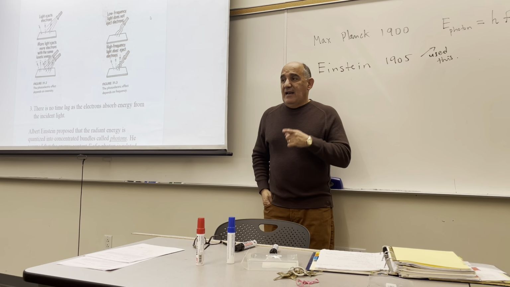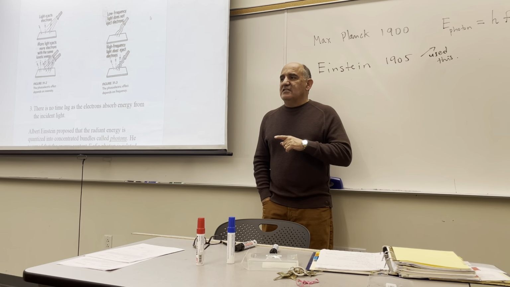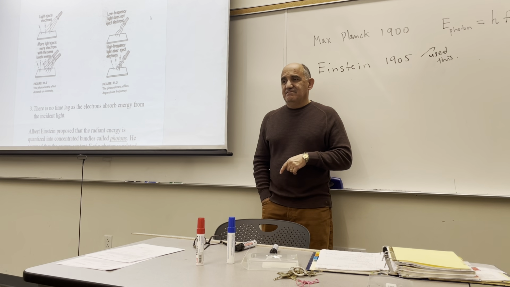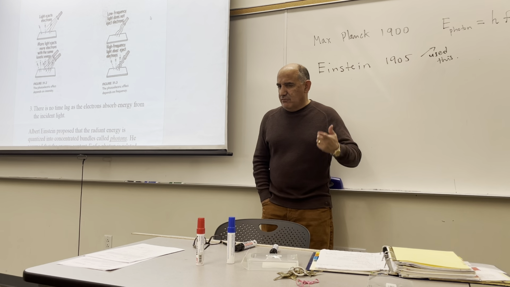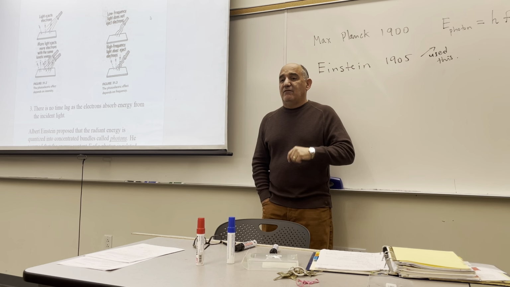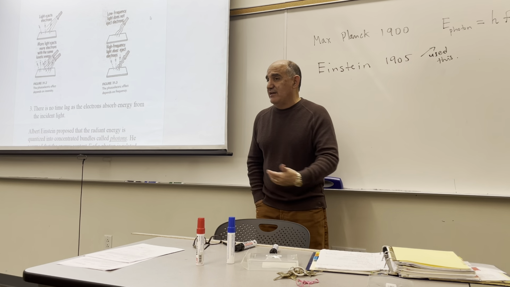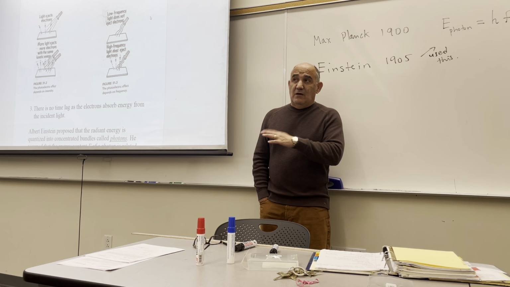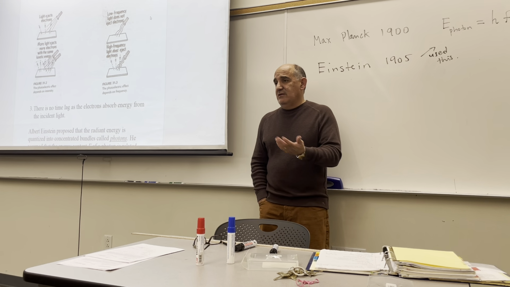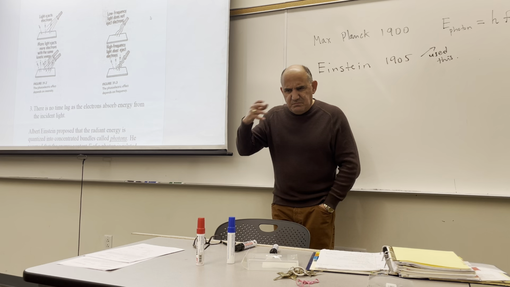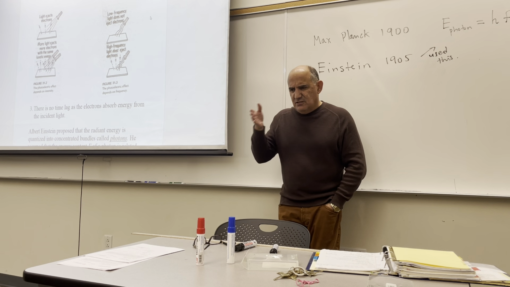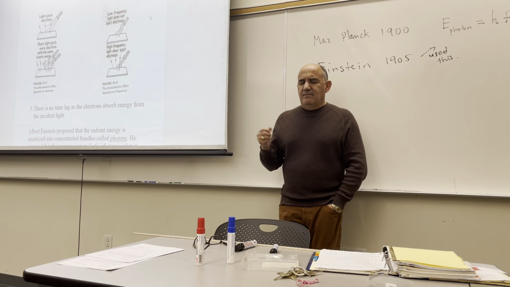But Newton claimed that light consisted of particles. He thought, if I remember correctly, that light traveled faster in water than in air. That turned out to be wrong, because light travels more slowly in water than it does in air. But Newton just thought the light has to consist of particles. He died in 1727 or thereabouts.